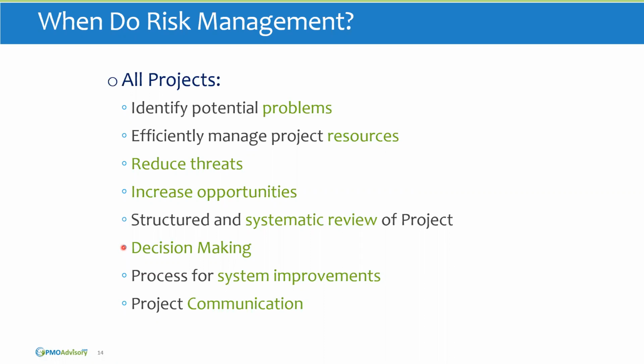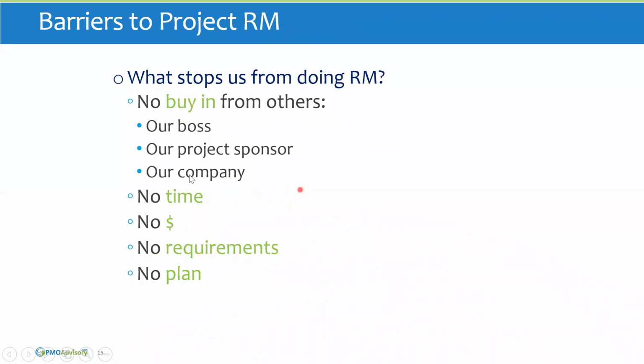We can use risk management to communicate that. We can assess the impact of changes using risk management, and we can also make these project decisions as needed throughout the project. Risk management is also a process for system improvements and for project communication. It helps facilitate both of those.